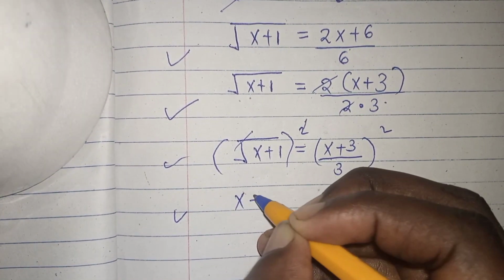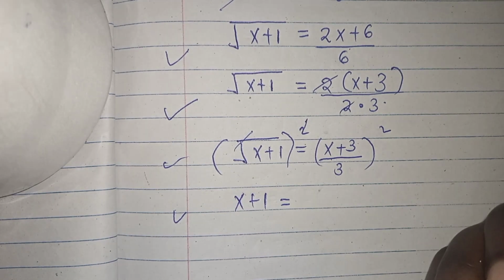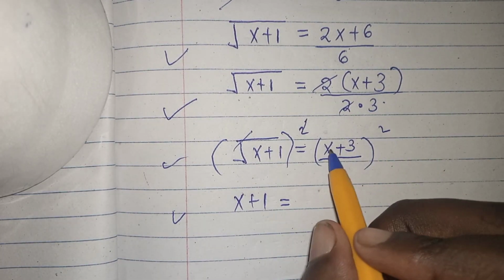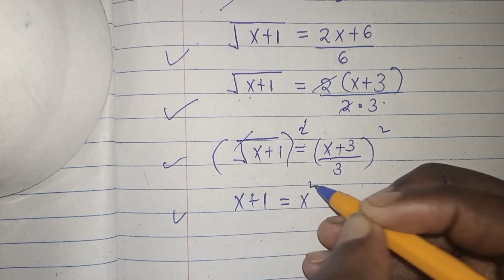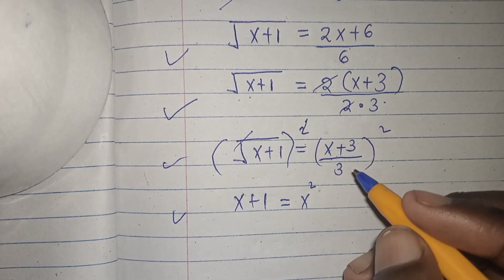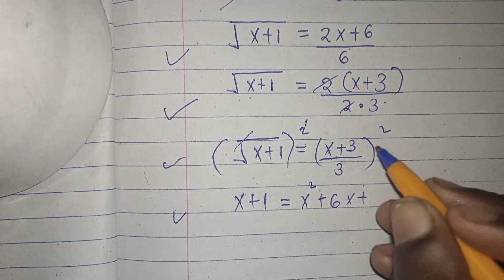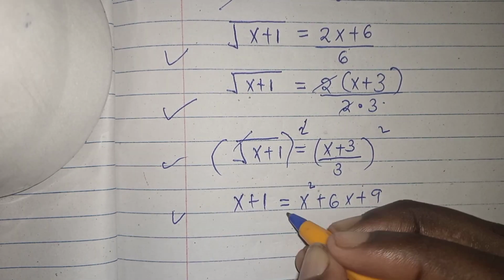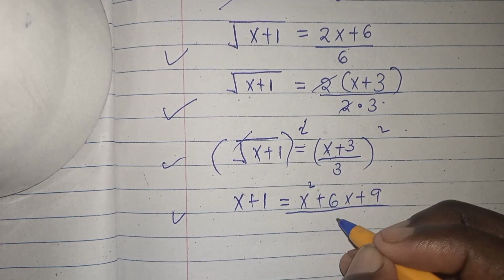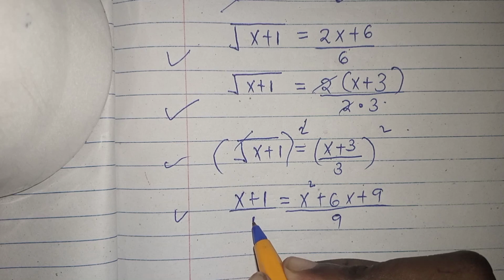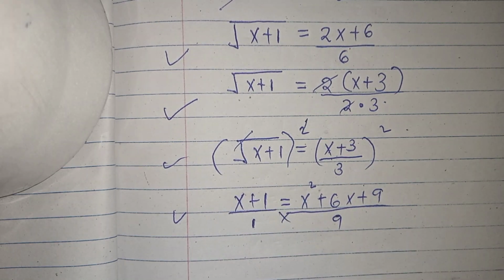So x plus 1 is equal to, we shall now expand this. So x times x, this is x squared. So 3 times x plus 3 times x, this is 6x plus 3 squared, this is 9, over 3 squared is 9. Right? So we shall now introduce here our denominator. So we can now cross multiply.